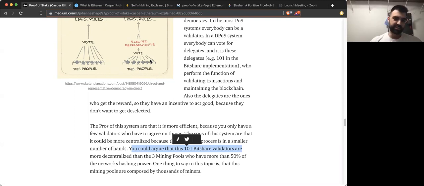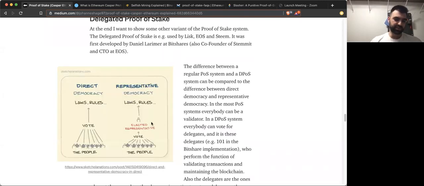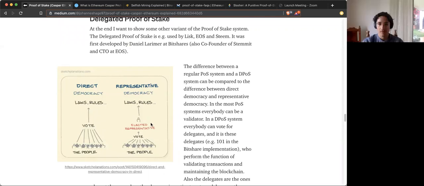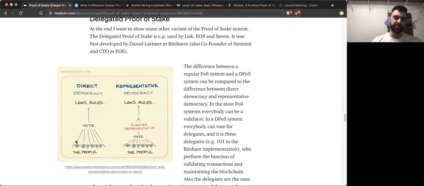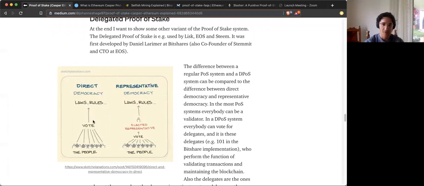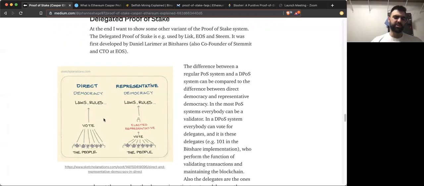So you're right, because I guess all these people can just change their vote if they want. Yeah. Or I guess in the blockchain itself, it says how many representatives there can be, no? You just pick how many. In theory, you could have every member of the network being a validator, right? That's just proof of stake. That's just the regular thing, right? Yeah, for sure. But you can go in between as much as you want, right? Yeah, but it's just a choice.